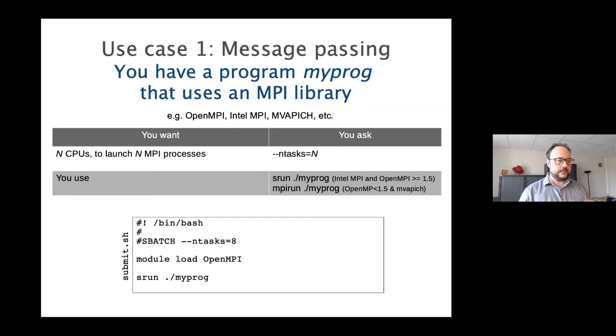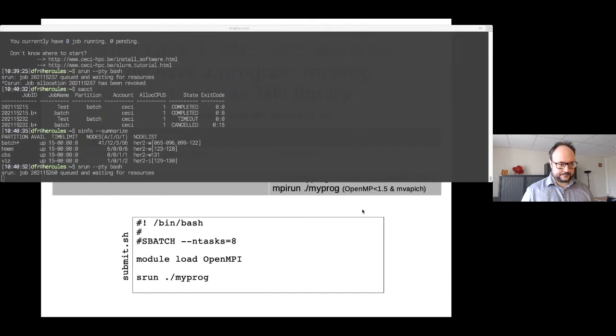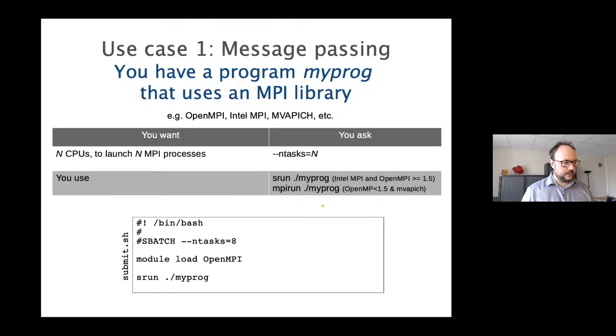So if you need n CPUs or n MPI processes, you ask for ntasks equals n. And then you can use srun or mpirun depending on the version or the type of library.